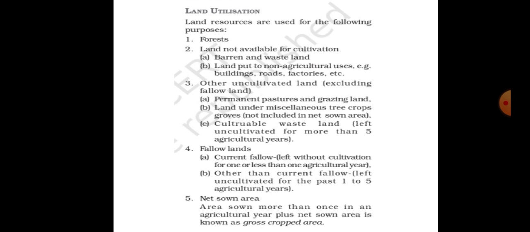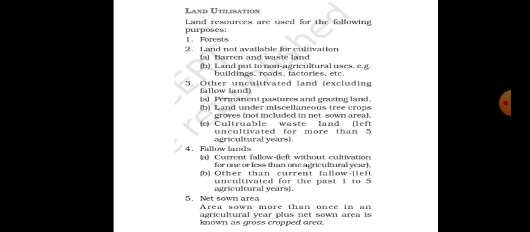Current fallow land is left without cultivation for less than one agricultural year. Other than current fallow, land is left uncultivated for the past 1 to 5 agricultural years. So fallow means not put to agricultural use.